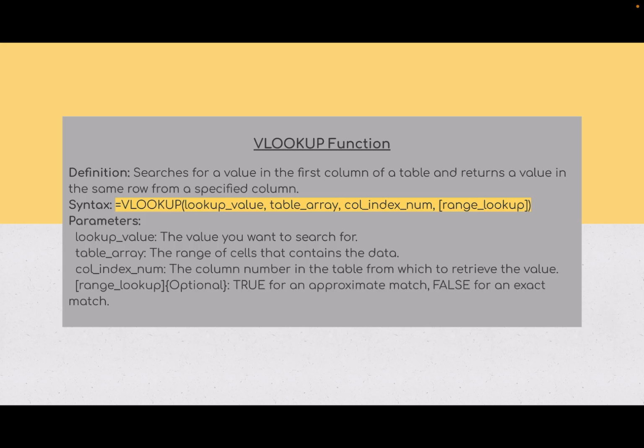So here you can see the syntax: equals VLOOKUP, parenthesis, lookup value, table array, column index, and then range lookup, which is optional, and parenthesis closed. So we will take a look at it with an example so that it will be easier.